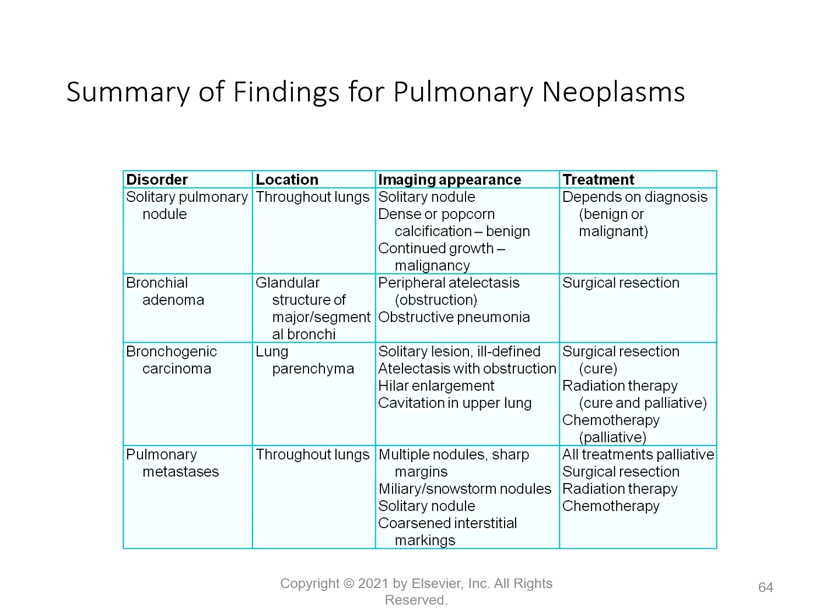Now, these, again, are basically an unknown at this point. You won't really know what it's made up of until they do a biopsy. The bronchial adenoma is that glandular structure of a major segment of the bronchi. It is going to have low-level malignancies.